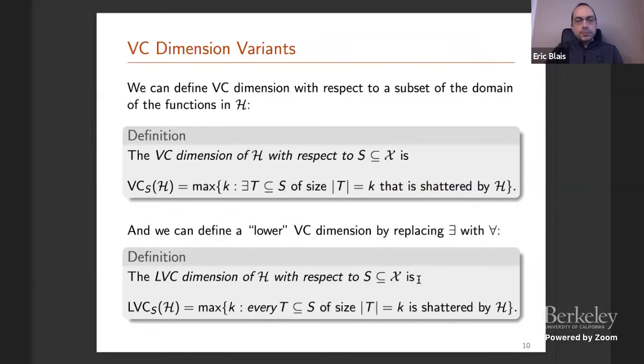So what does this mean? I'm going to say the LVC dimension with respect to a set is just the maximum cardinality K where every set of size K, or at most K, is shattered by H. So instead of just asking for the maximum size of a set that's shattered, I want the maximum cardinality that guarantees that all the sets are shattered by H.